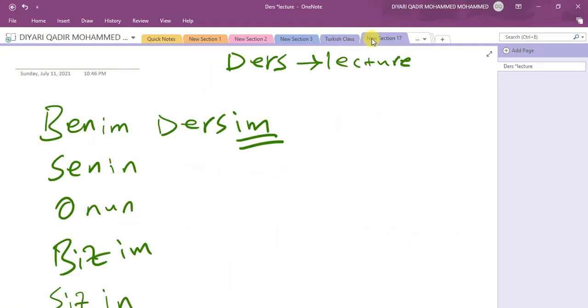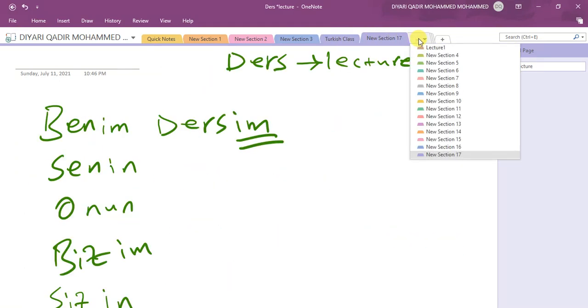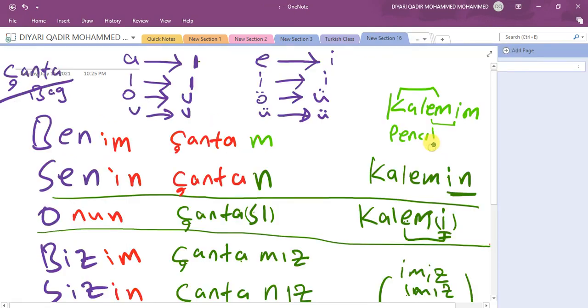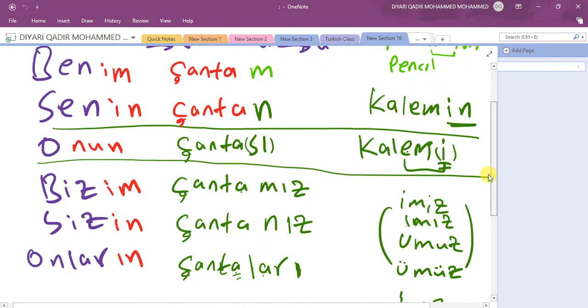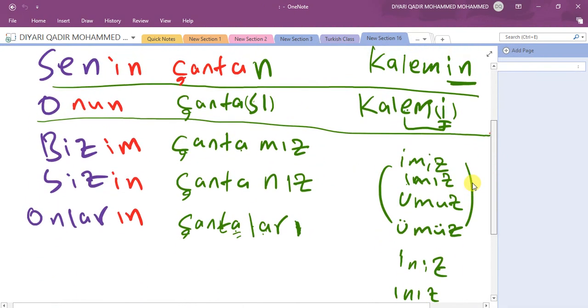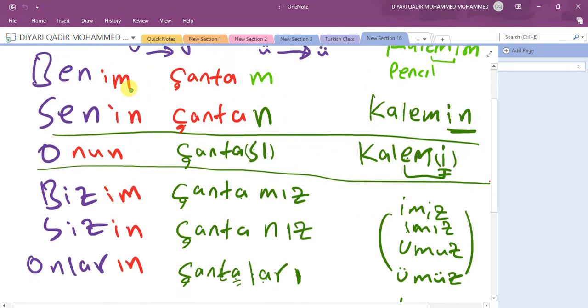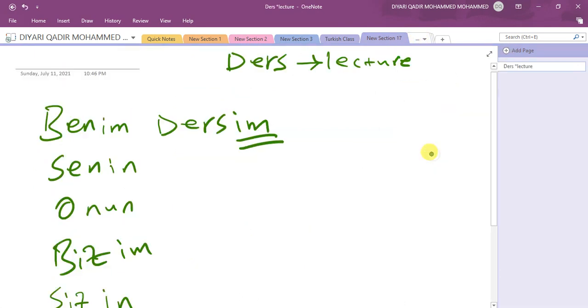Here we said benim çantam. We directly used m, for example. Why? Because we had this A. We removed the I. Let's go back here. Benim dersim.